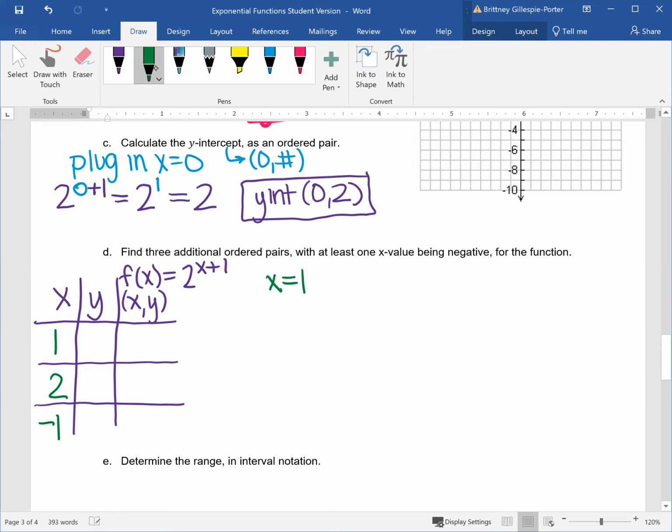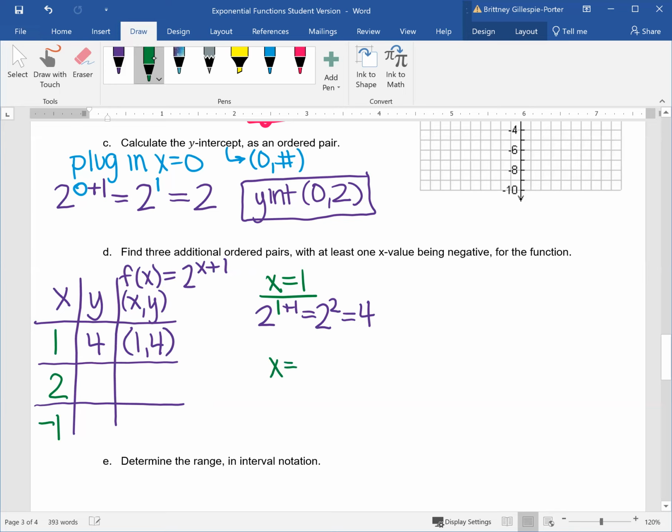For x equal to 1, yes, you need to be able to show this work. We would have 2 to the 1, plugging in for x, plus 1, which is 2 squared, which gets us 4. We just found the ordered pair, 1, 4.